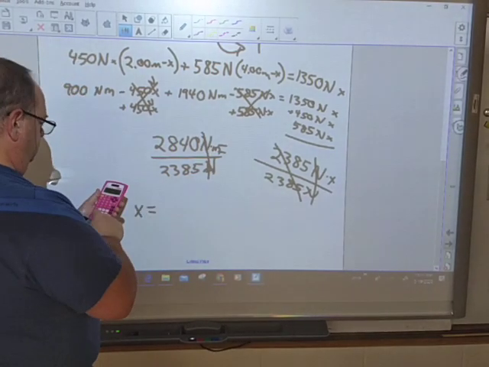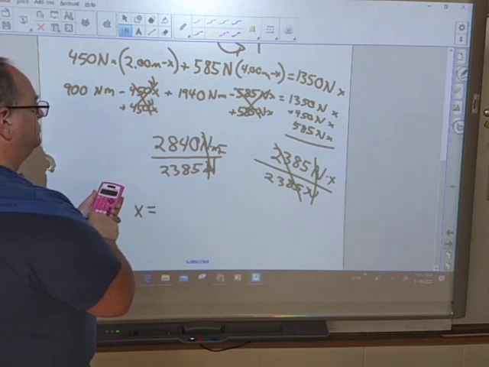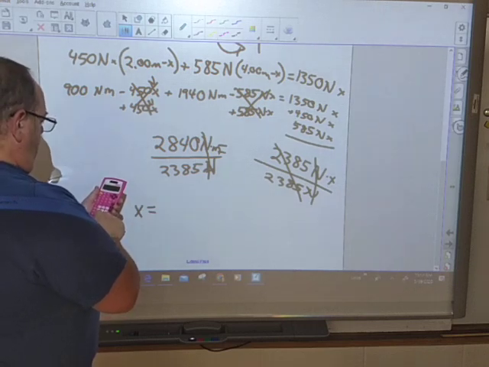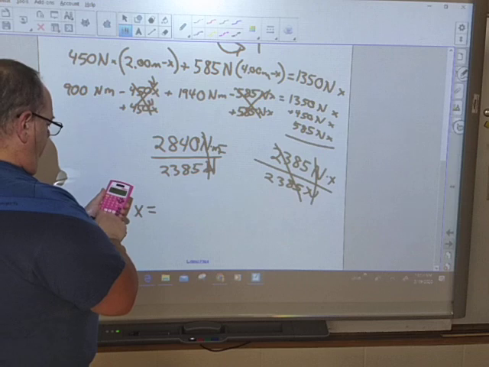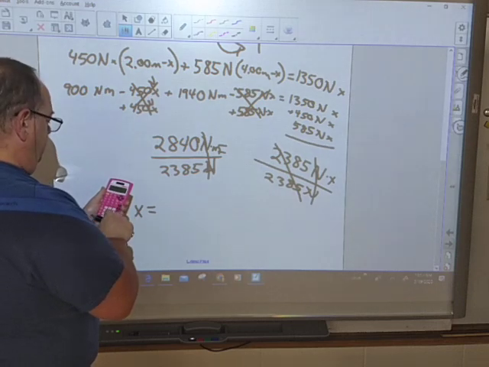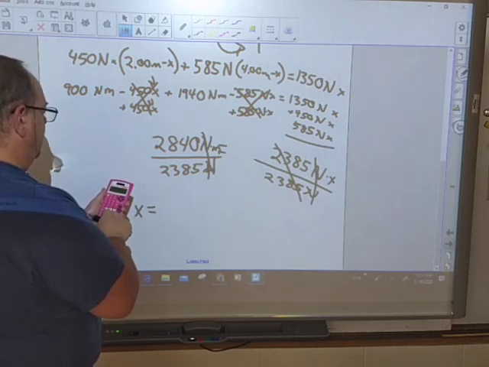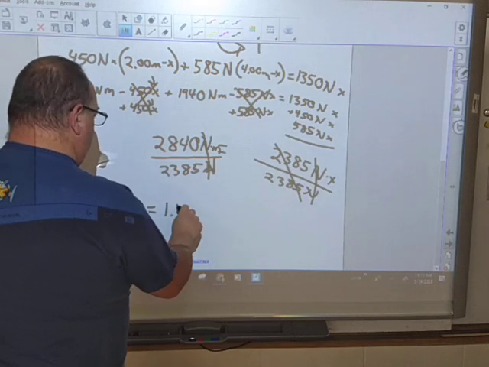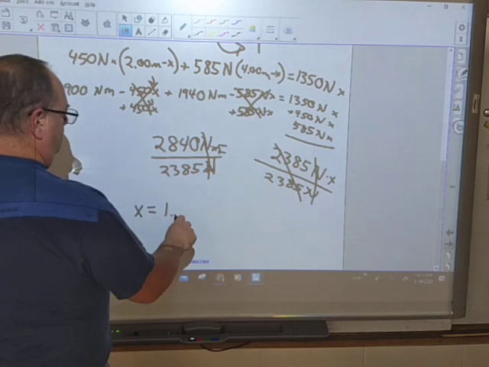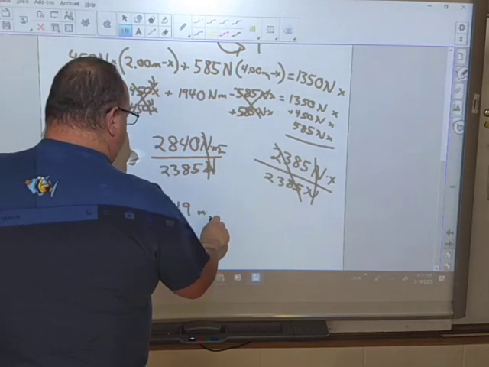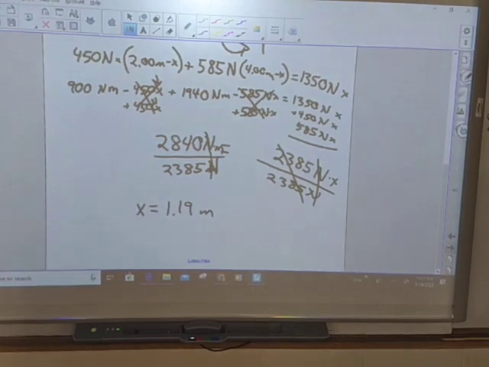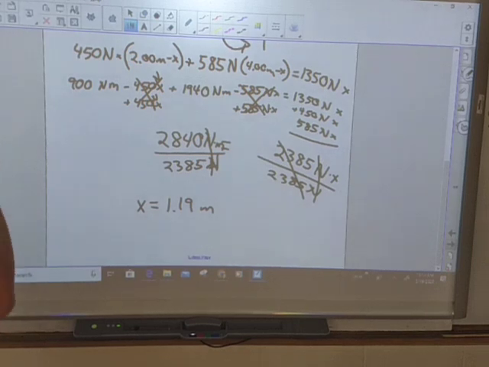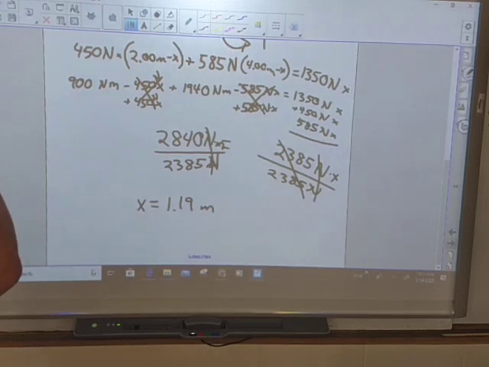X equals 2,840 divided by 2,385 equals 1.19 meters. Now, I haven't been particularly careful with my sig figs as I've gone through this.